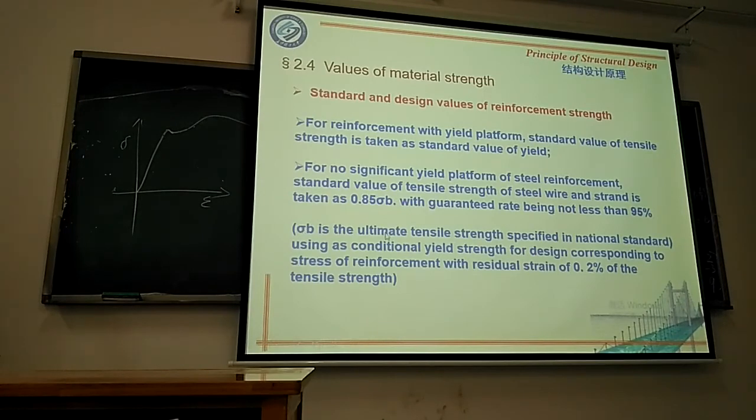Sigma b is the ultimate tensile strength specified in the national standard, using a conditional yield strength for design, corresponding to the residual strain of 0.2%.